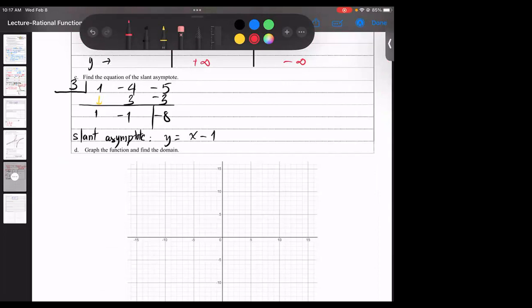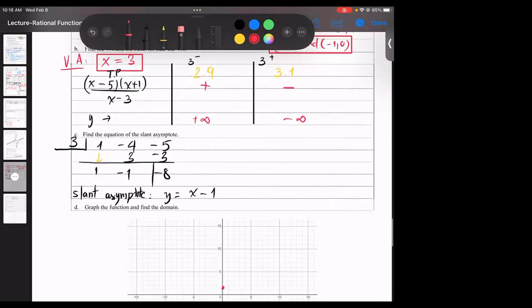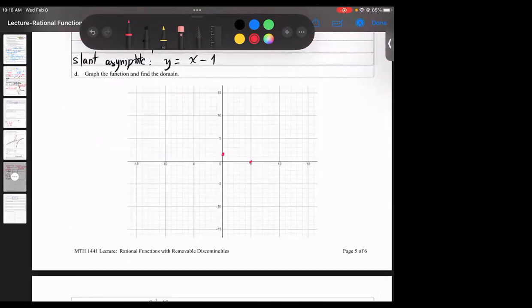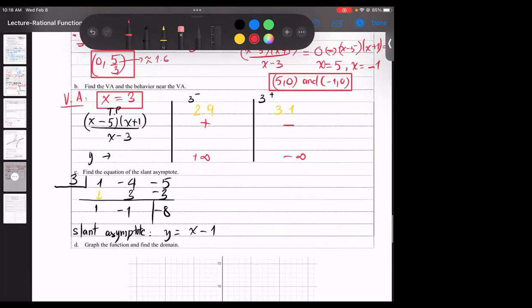That's the y. So right here. And then 5 and -1 for the x-axis. The vertical asymptote is x equals 3.